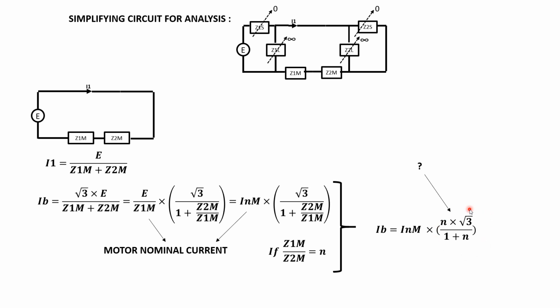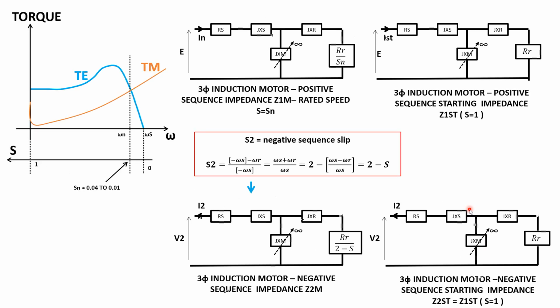What's going to happen? We're going to repeat that later on, but here we're going to talk about the electrical circuit of the three-phase induction motor, just reviewing that. So we know that for an induction motor we have a stator winding, the leakage, the leakage of the rotor, and the rotor resistance divided by slip, and we have the magnetization branch, which we can assume is open circuit or infinity.